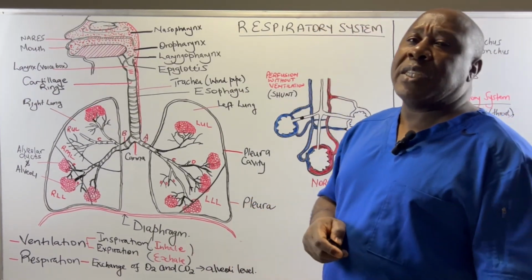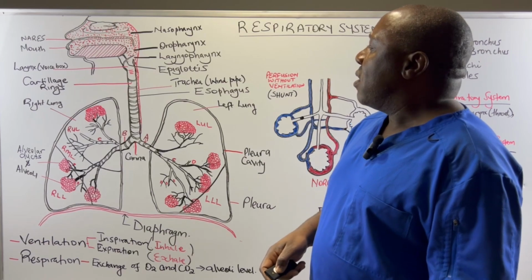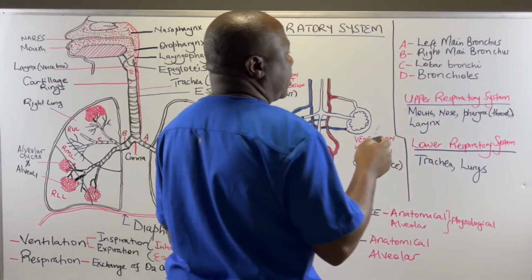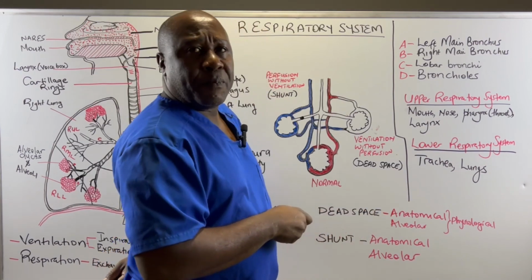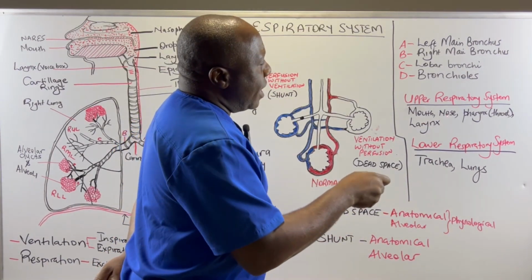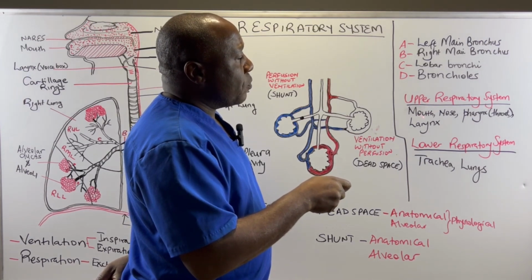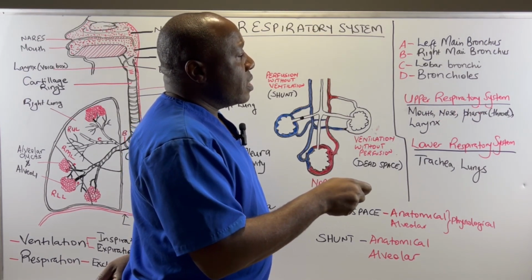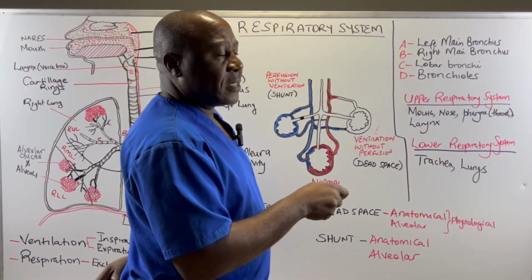Now, there are two parts of the respiratory system. We have the upper respiratory system and the lower respiratory system. The upper respiratory system is made up of the mouth, the nose, the pharynx or the throat, and the larynx.